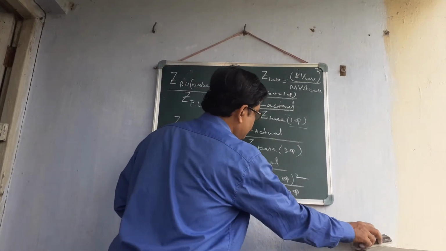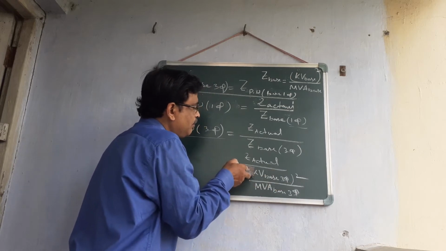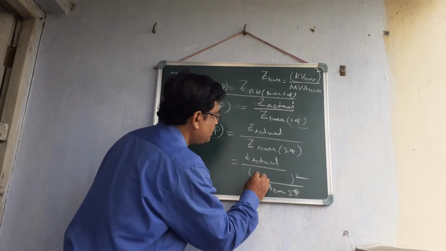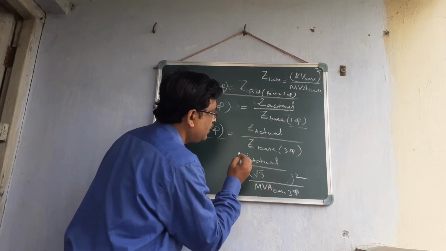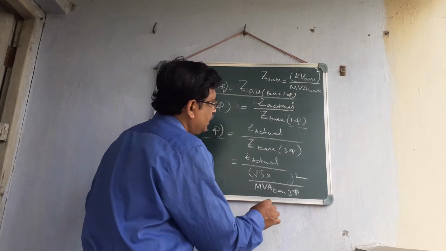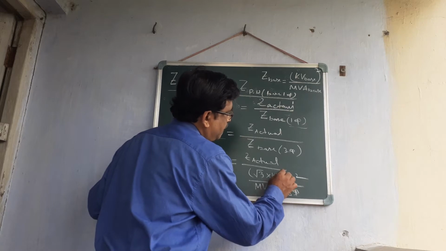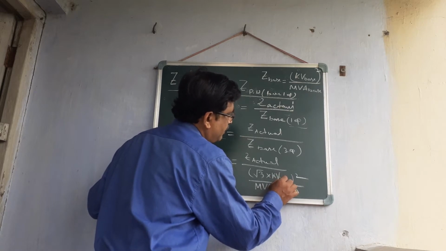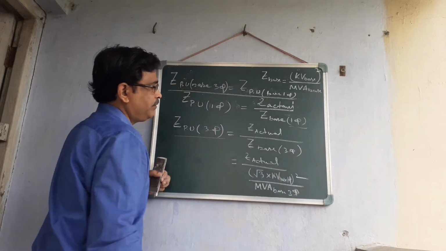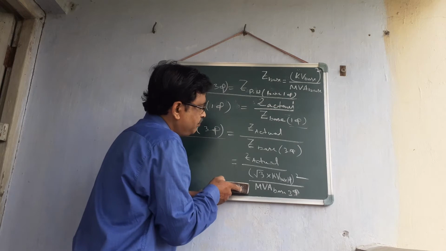So instead of kV base three phase system, we can put √3 into kV base single phase system square, by MVA base three phase system.